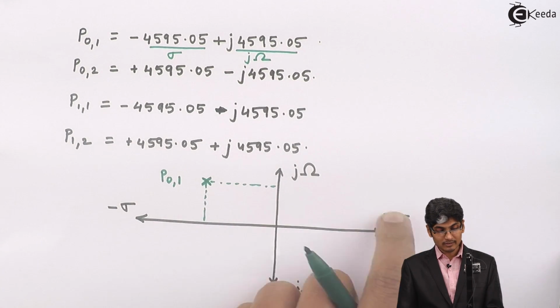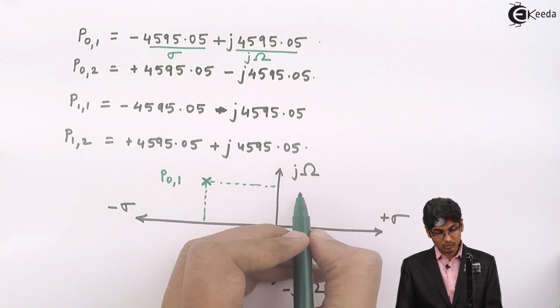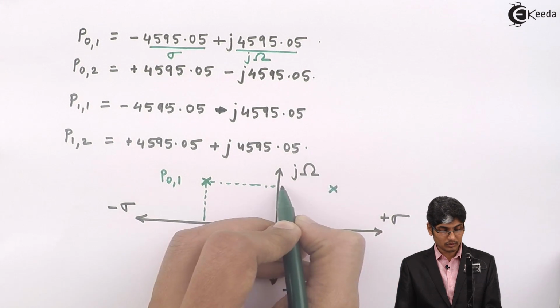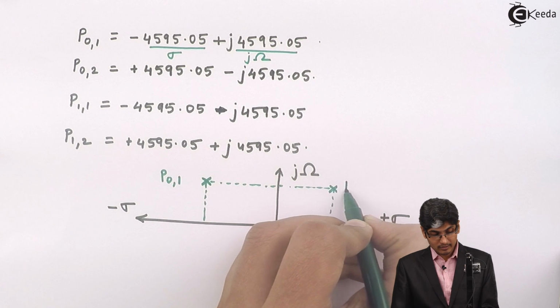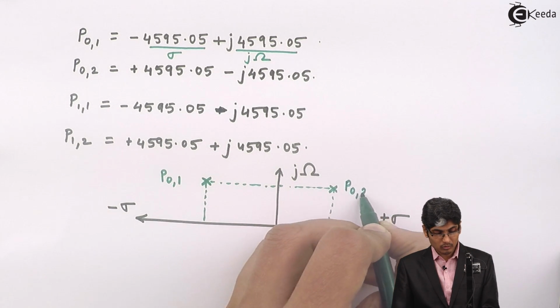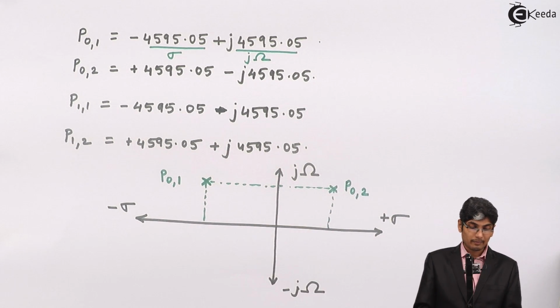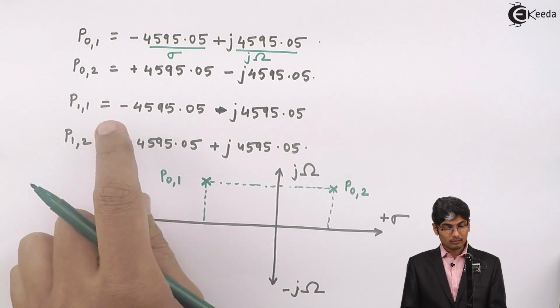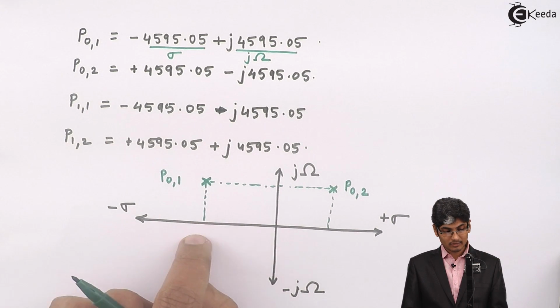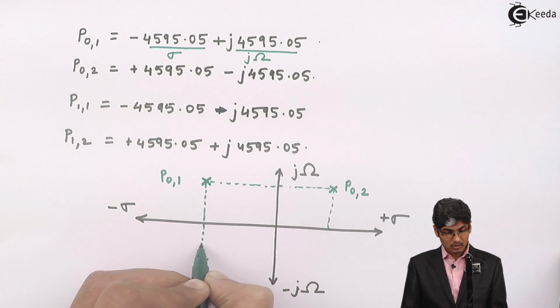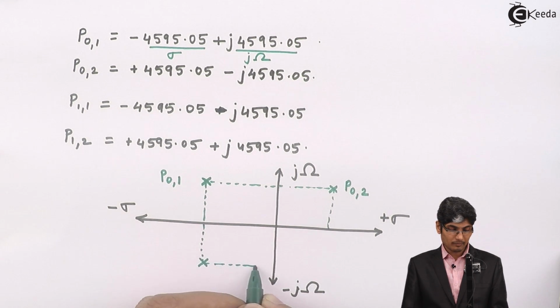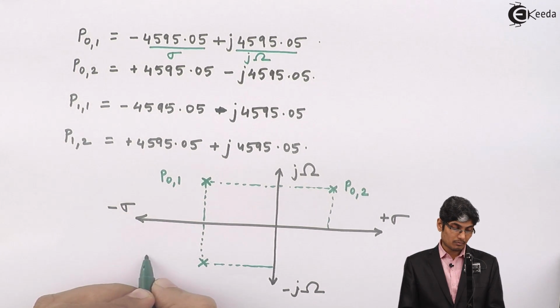So sigma is plus, this is minus. So it will come somewhere around this position because they are all of the same value. So let's say this is P02. Next is P11, which is minus and minus. So minus sigma and minus j omega, let's say it comes somewhere around here. So this is minus sigma and minus j omega, which is, let's say, P11.